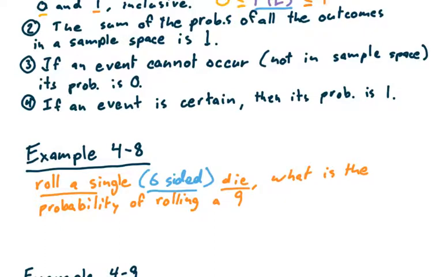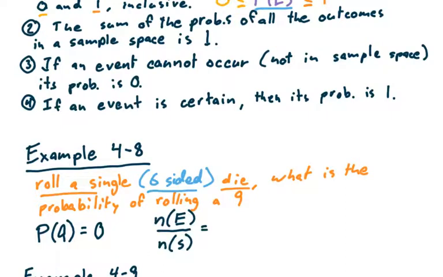Well, there's two different ways to think about this. They're essentially equivalent, but it wouldn't really be redundant to say both of them. The first way to address this probability, let's call it P of 9, the probability of an outcome of 9, would be 0, because it's impossible to get a 9.